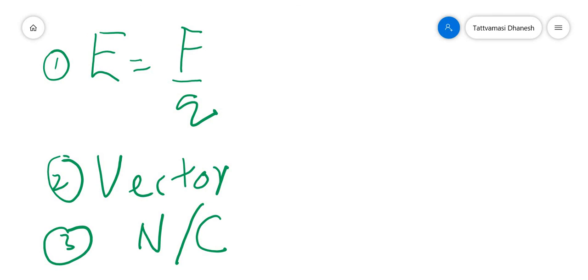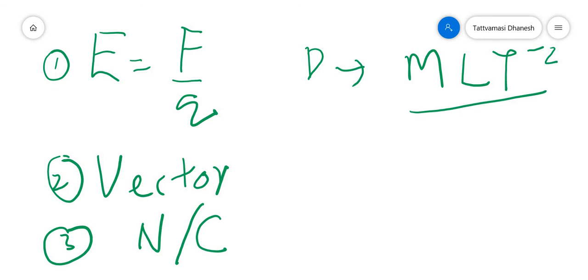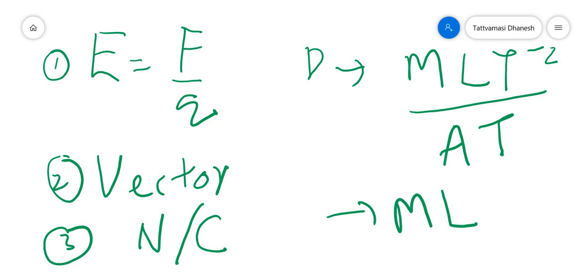If you want the dimensional formula, the dimension for force is MLT raised to -2, divided by the dimension for Q. I told you in the last class it is A into T. You can see the previous video. So the dimensional formula for intensity of electric field should be MLT raised to -3 A raised to -1.